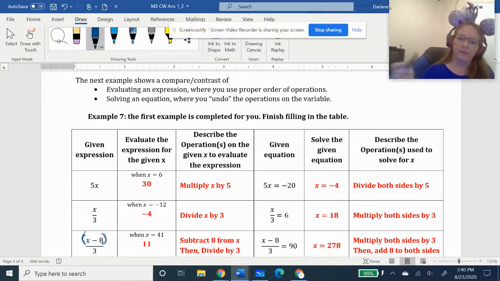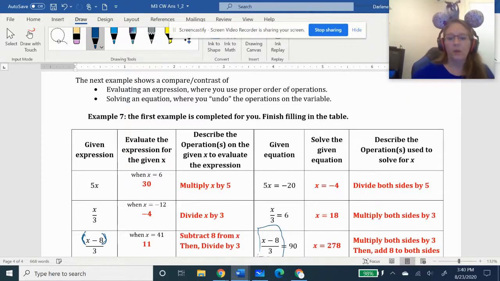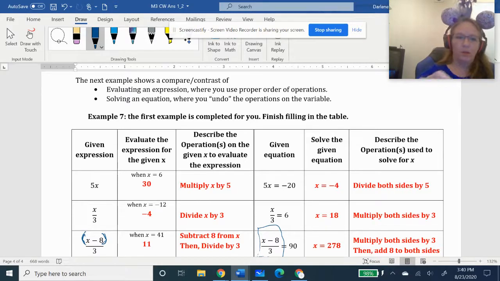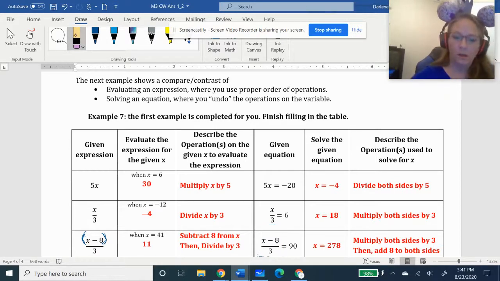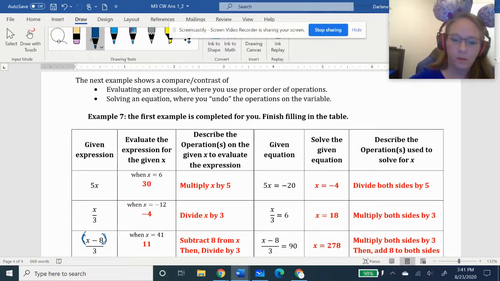Well, let's say you start with x minus 8 divided by 3 as one side of an equation. How do you isolate the variable x? You have to look at what is the weakest operation here. Keep in mind that there is a parentheses in disguise with that division sign.